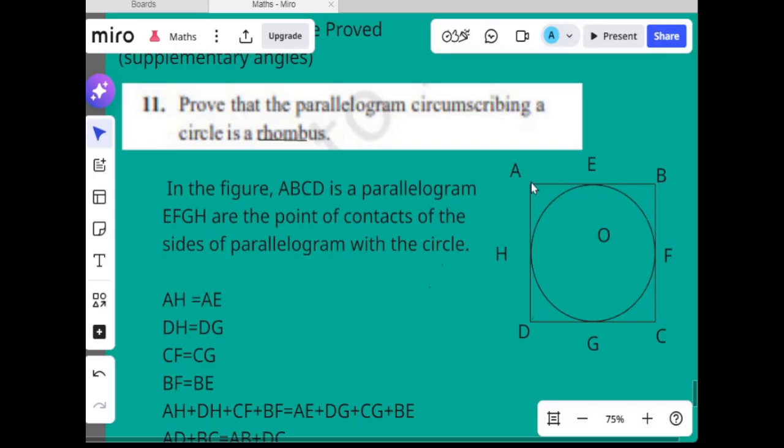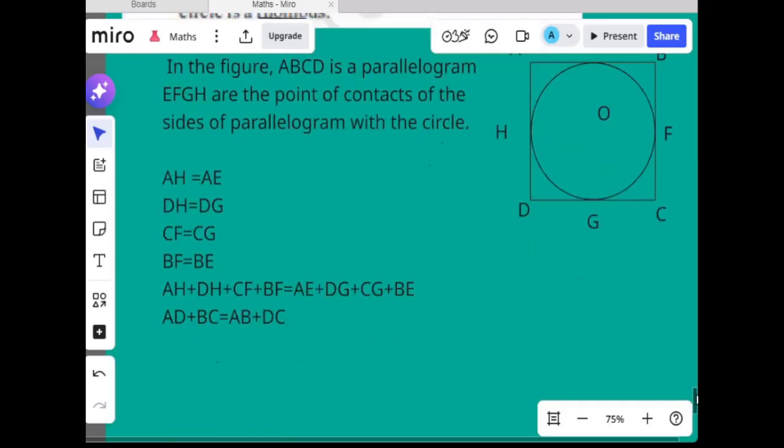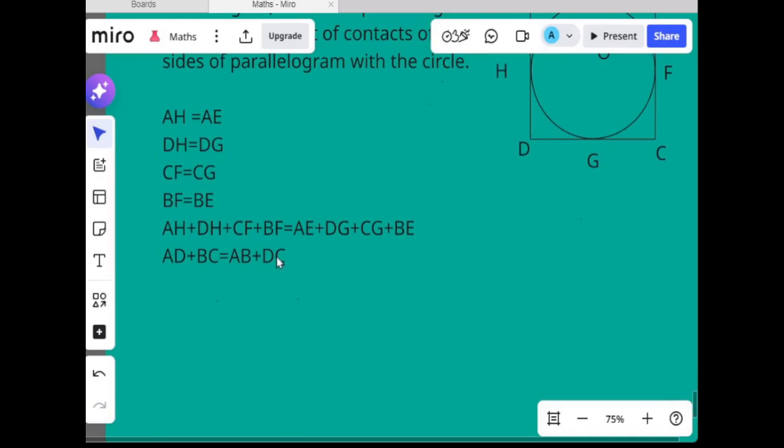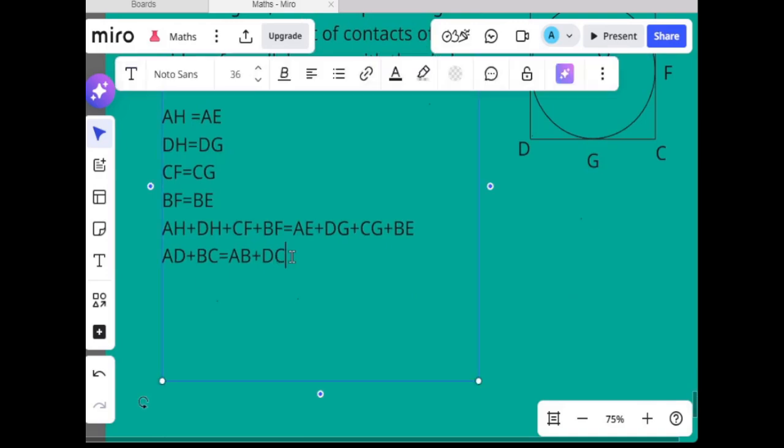So AH is equal to AE because these are the two tangents drawn from the same point. Similarly, DH is equal to DG and BF is equal to BE and CF is equal to CG. Now we add these. After adding, we get AB plus BC is equal to AD plus DC.